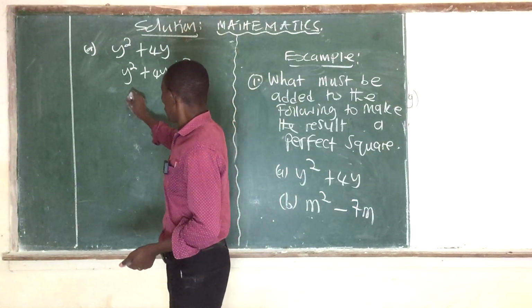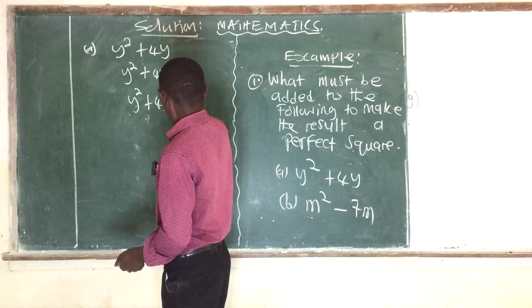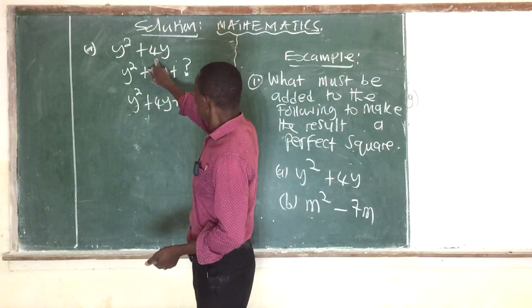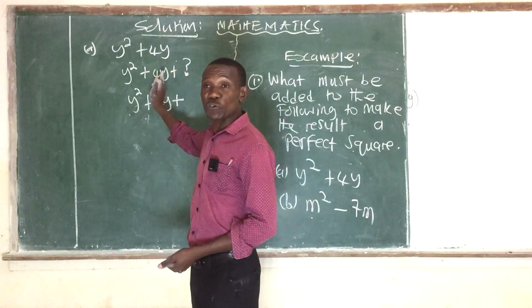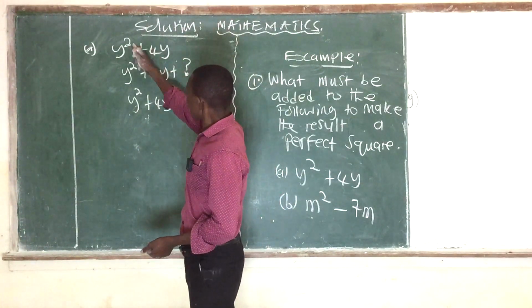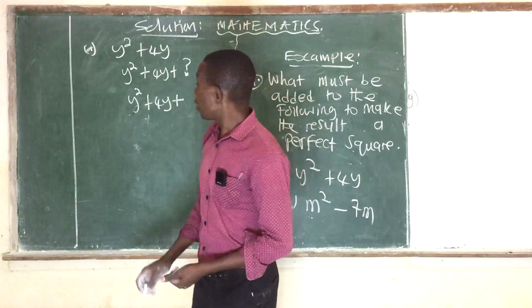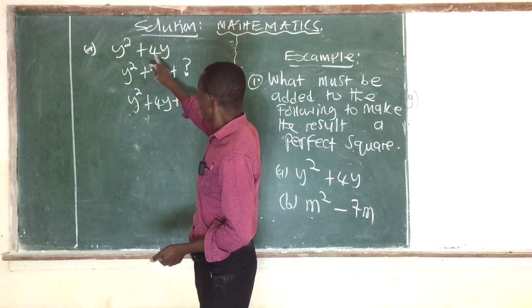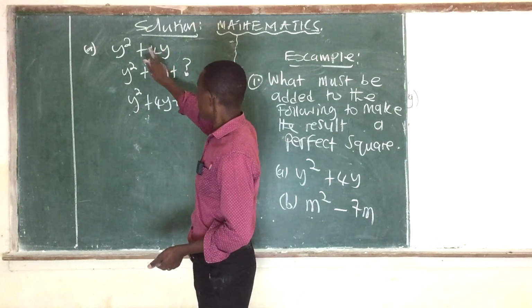So this is what you're going to do here. y squared plus 4y plus. What you do to this term here is what has to be added here, substituted for the question mark. For this non-quadratic term, you look for the coefficient of the variable. In this case, the variable is y and the coefficient is 4.